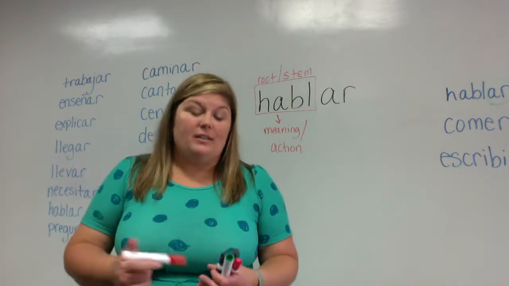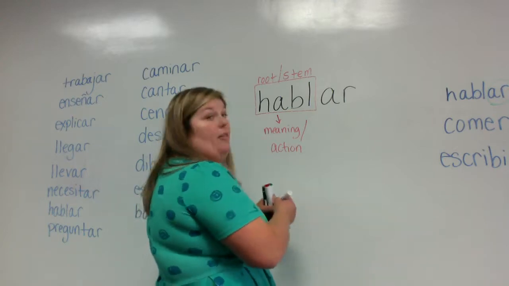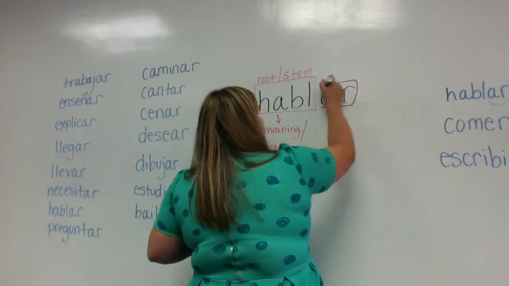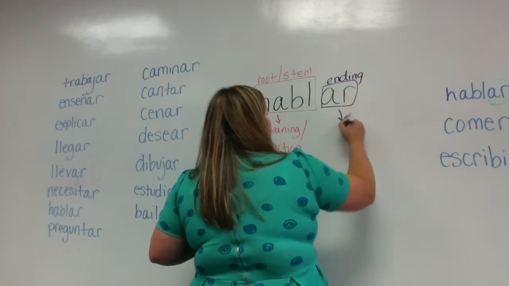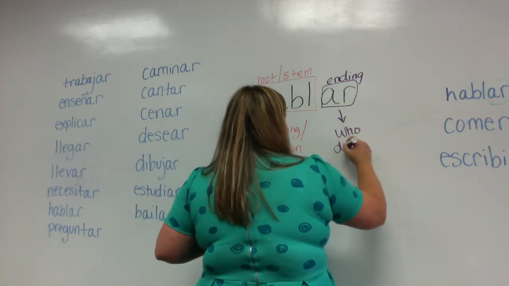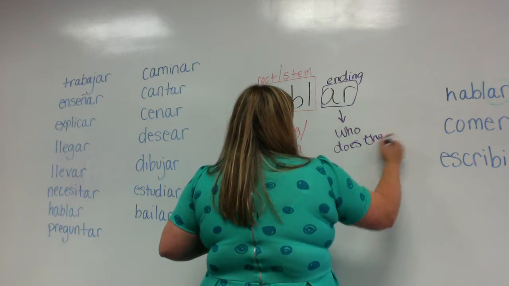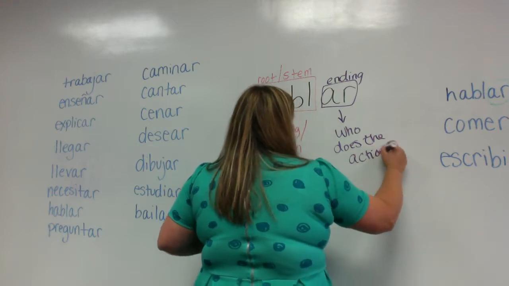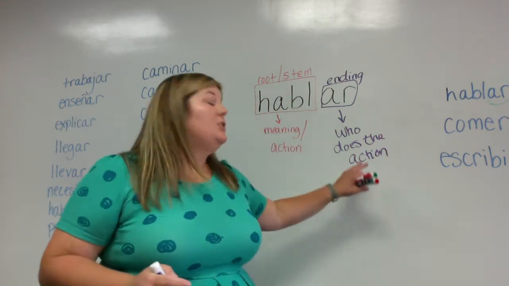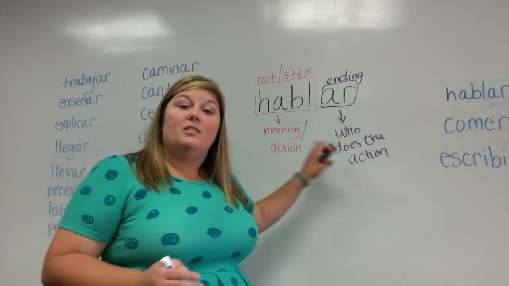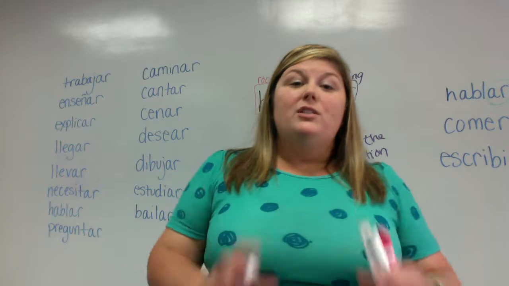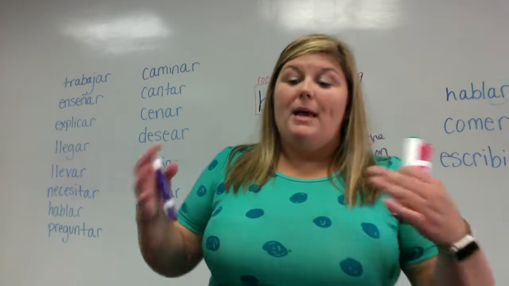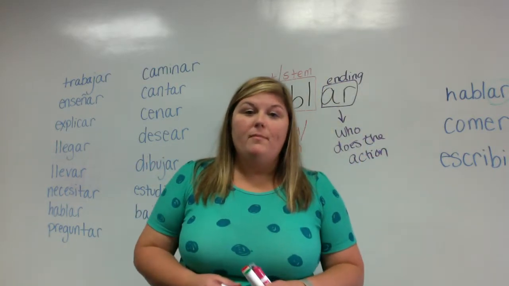It's the action. The other part of the verb is the ending. The ending tells us who does the action. So we have what the action is and who does the action. So these are the two parts that make up an infinitive verb.